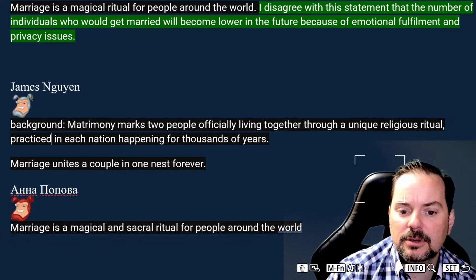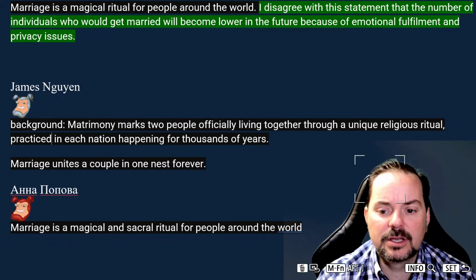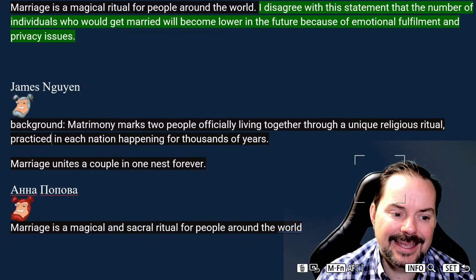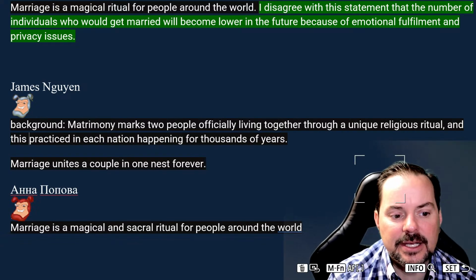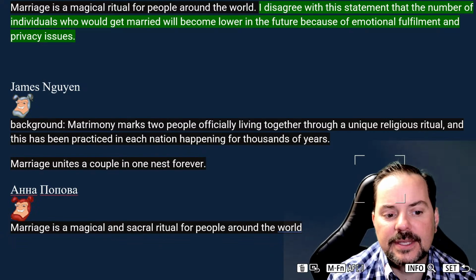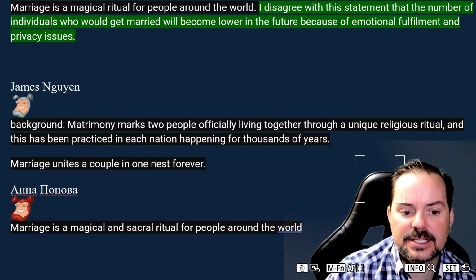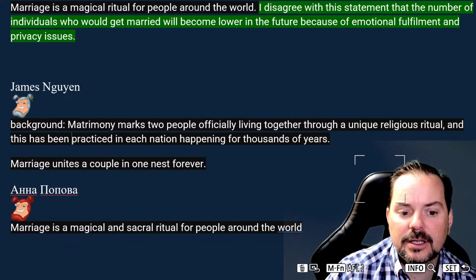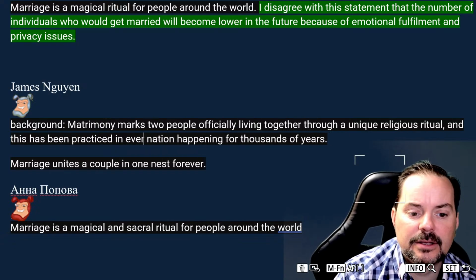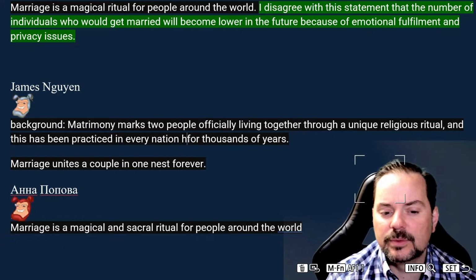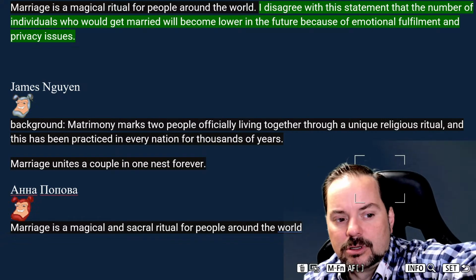I would write this as two full sentences joined together: Matrimony marks two people officially living together through a unique religious ritual, and this has been practiced in every nation for thousands of years. That reads a little bit more natural, James.